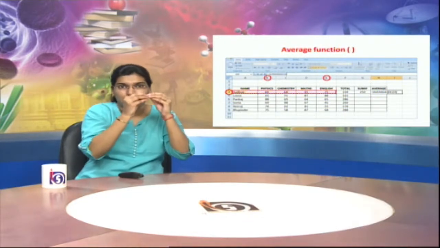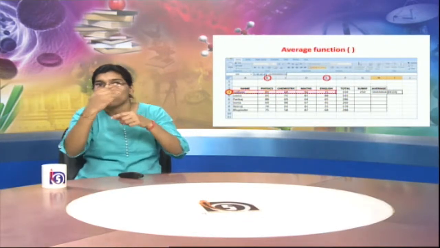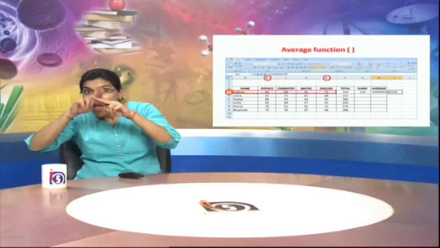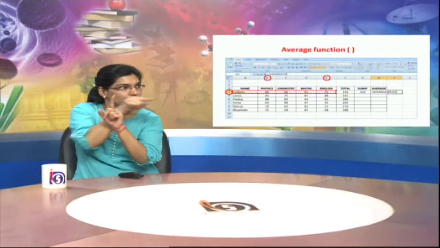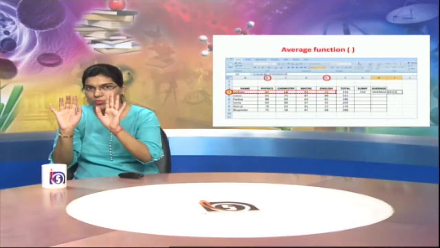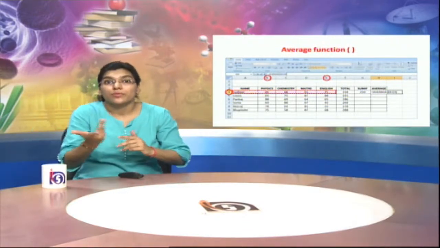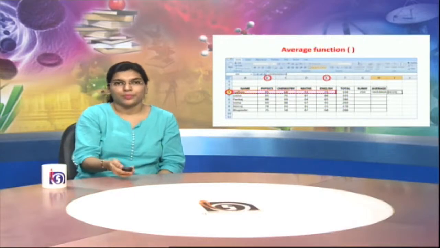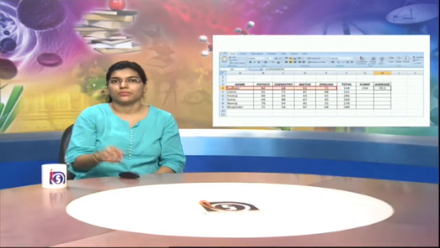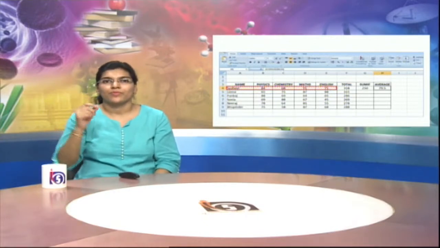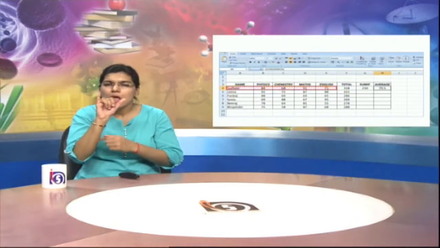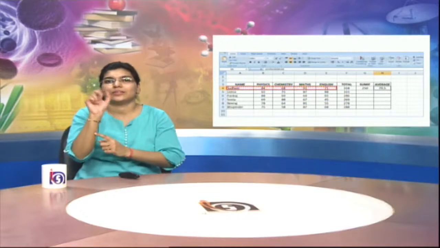So, the first cell where the marks begin is B4 and the last cell is E4. So, the range of the cells is starting from B4 till E4. Accordingly you will put the formula, that is average, and you will just click, then automatically you will get this average percentage.